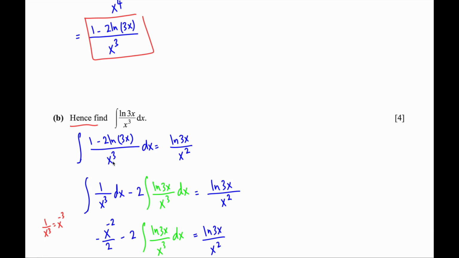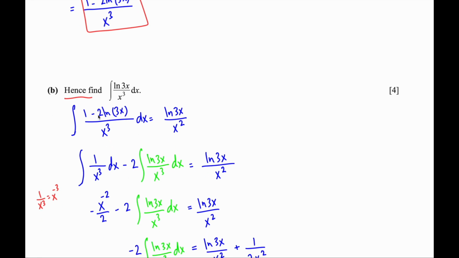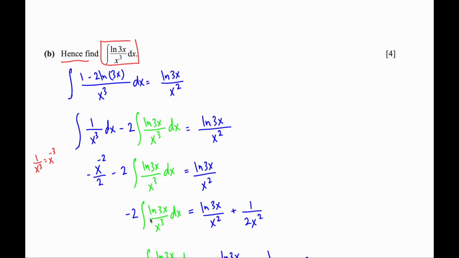So the first thing I'm going to do is to split the fraction because I have a common denominator. Therefore, I'm allowed to do that. I'm also going to push this -2 outside my integrand. Therefore, I'm going to be left with this, and I have already color coded to track it easier.